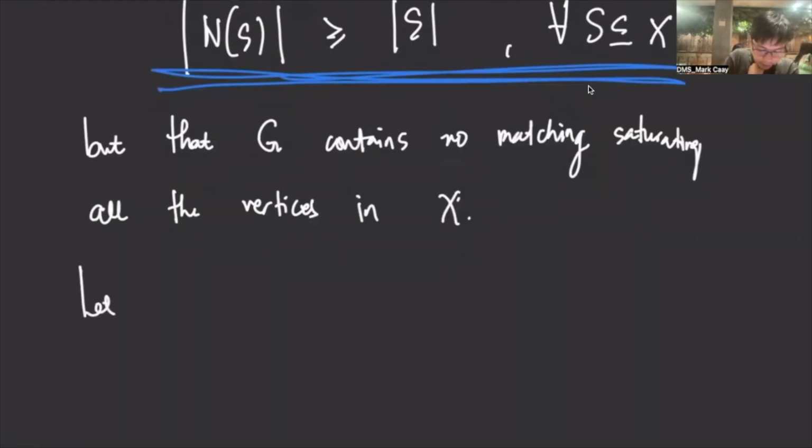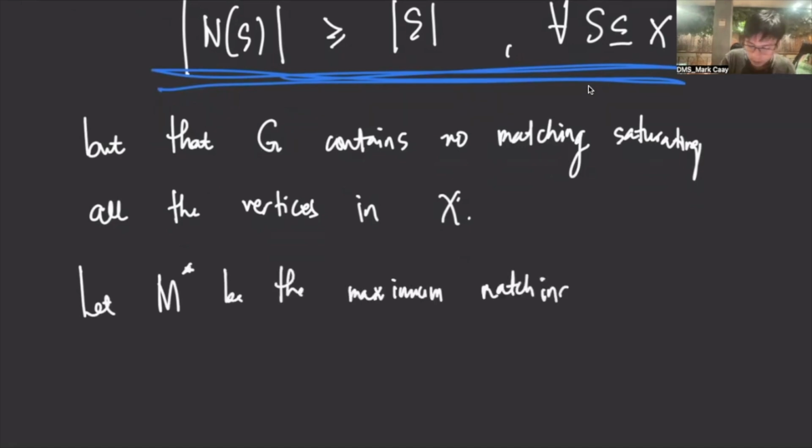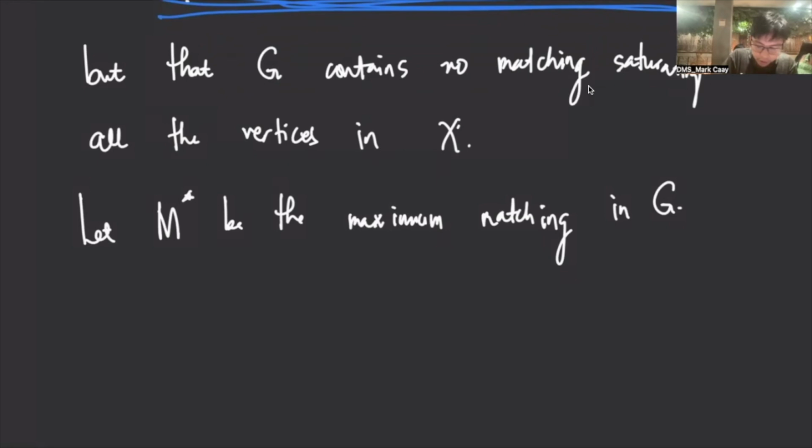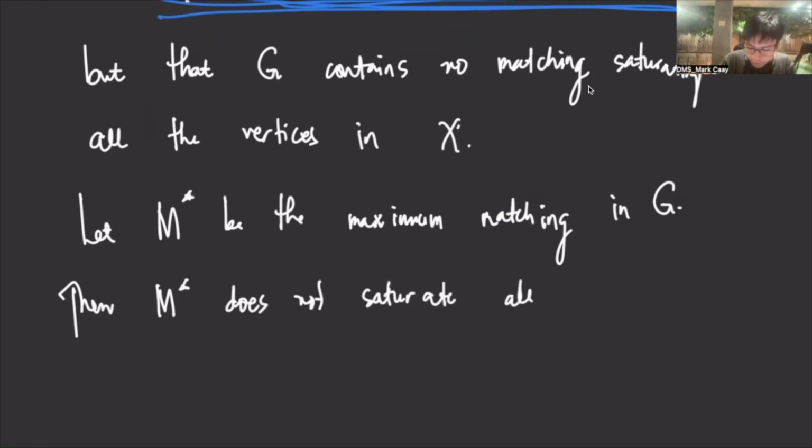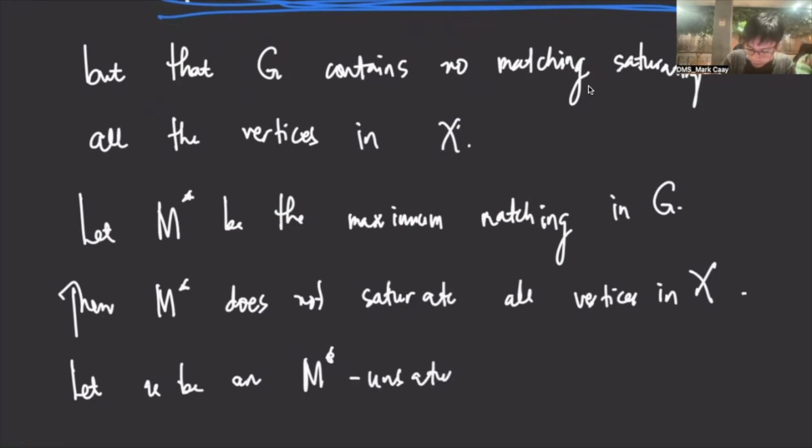Let M star be the maximum matching in G. Ibig sabihin, yung M star mo does not saturate all vertices in X. In this case, we let U be an M star unsaturated vertex.